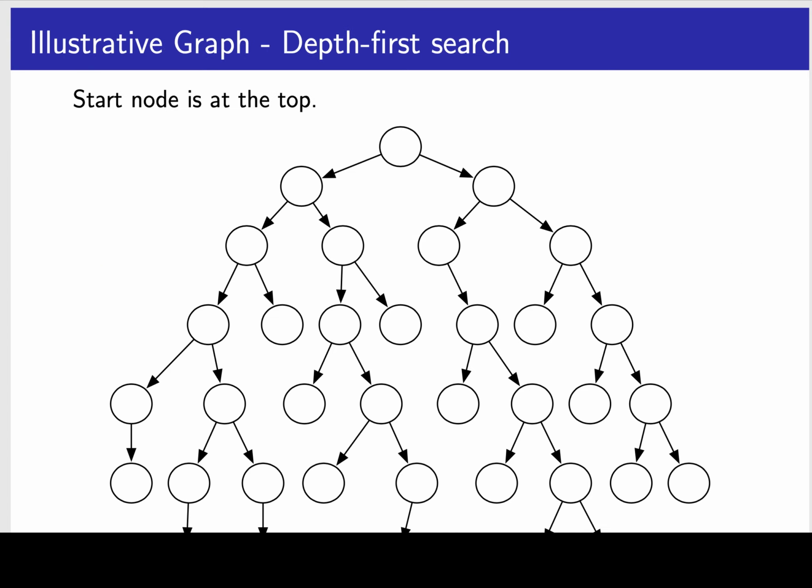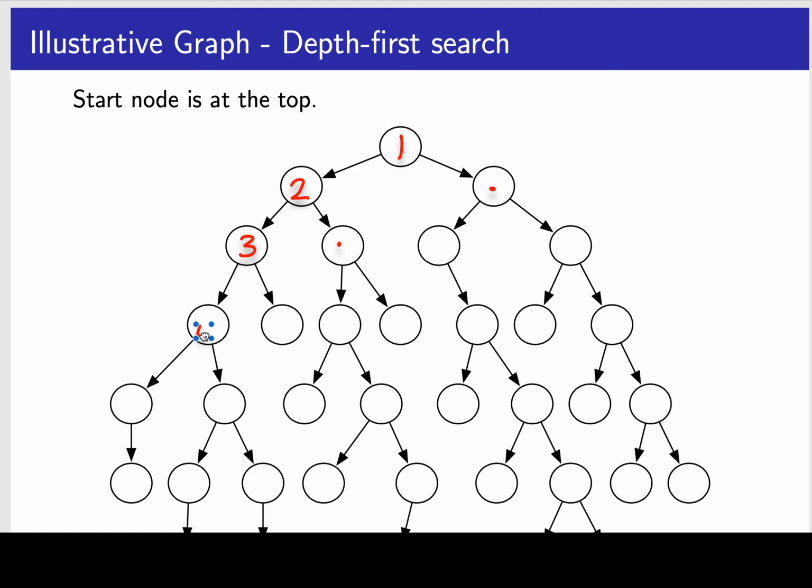So if we have this graph, it's going to expand them in this order. This is one. It's going to do this one first. And let's assume it's going left to right. It's going to add this to the frontier. The second one is this. And it's only going to explore this node here, where the red dot is, after it's explored all paths from 2. So that dot is on the frontier. Now it's going to expand this node 2, and then it's going to expand this node, and this is on the frontier.